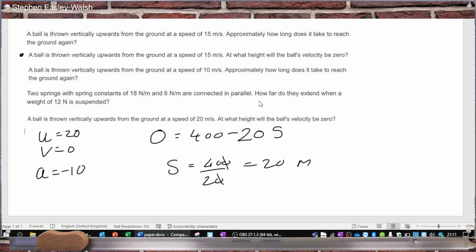It's interesting how it worked out a nice round number like that, but I think that's because the speed was 20 and the deceleration is 10.